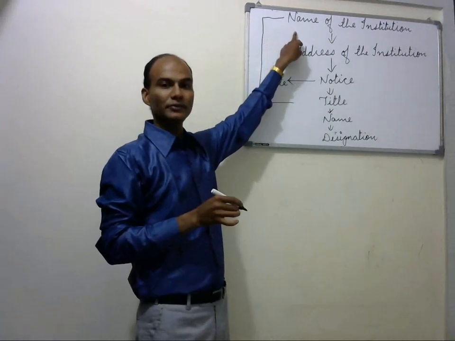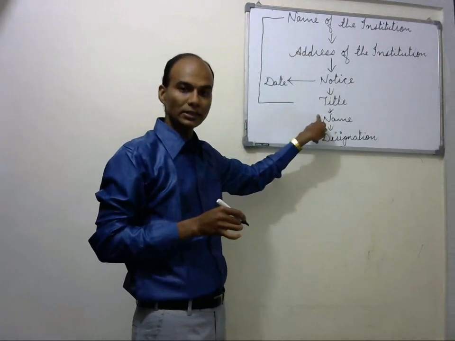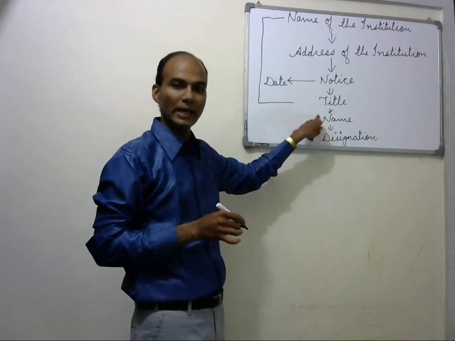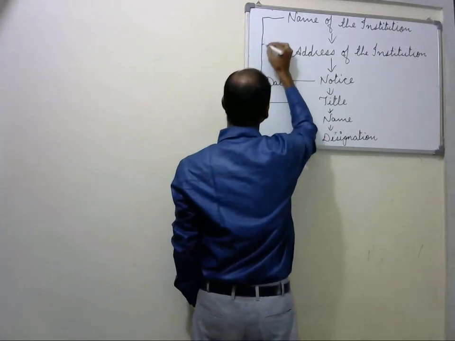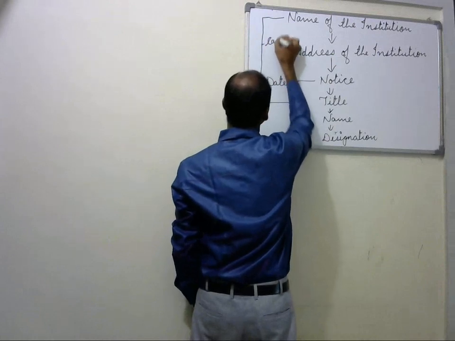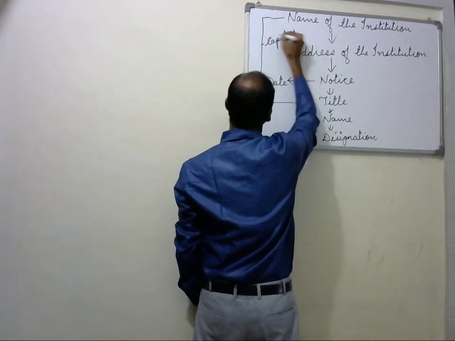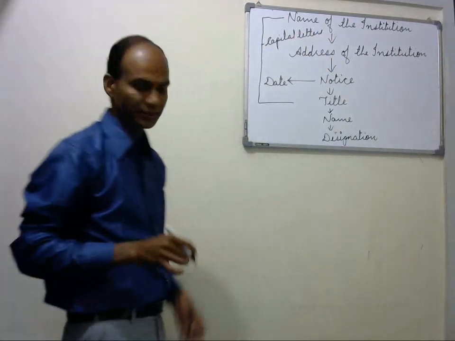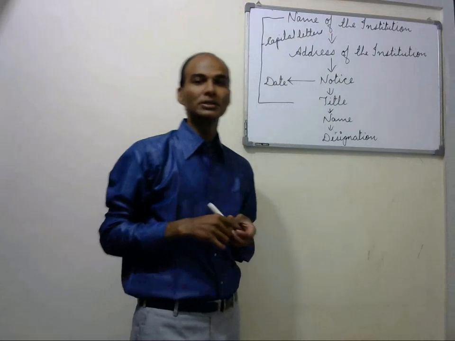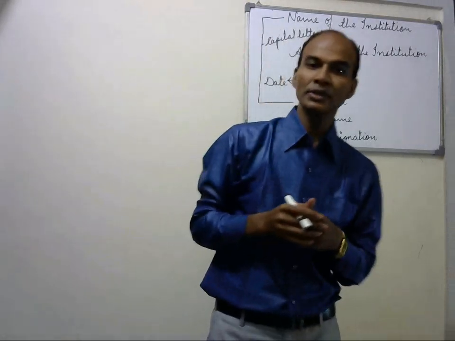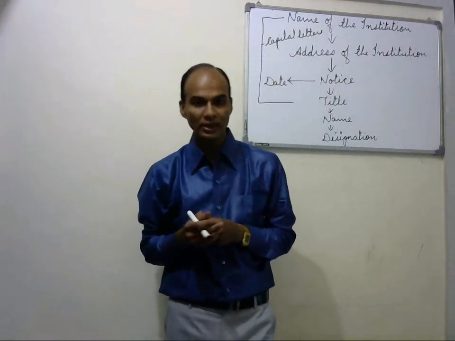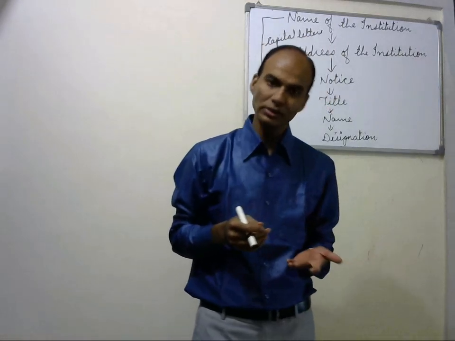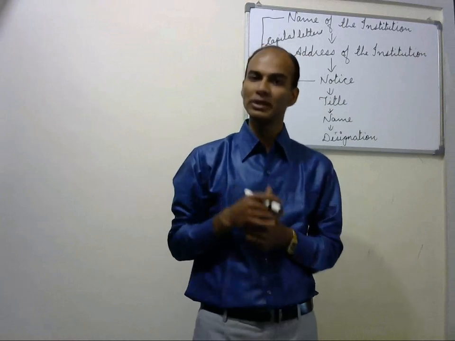From the name of the institution up to the title, everything should be in block letters or capital letters. You must remember this, because generally students are not in the habit of writing in capital letters. Most of us use cursive or small letters.